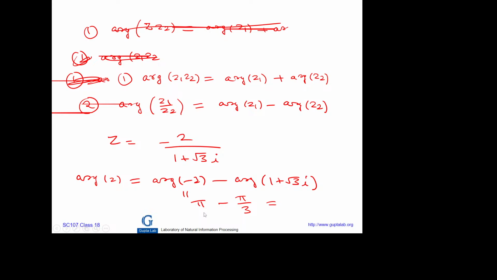Okay, so once you have the idea of a complex valued function, what will be the definition of the limit of a function?